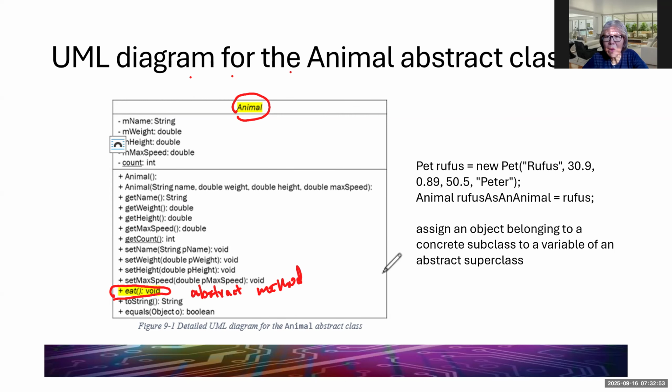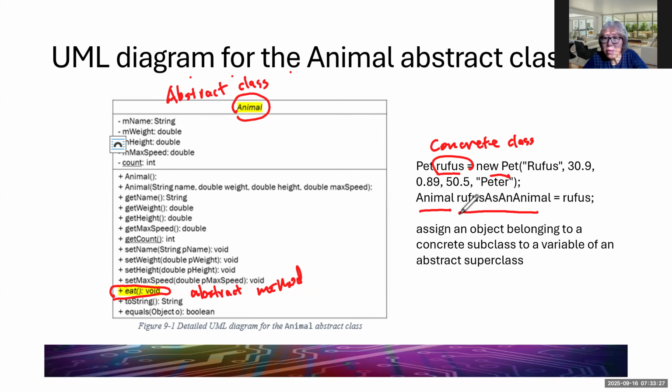So this is going to be an abstract method. And if you take a look over here, this animal class is an abstract class this time. Pet, same thing. So we have refuse, a concrete class, and we have this object, refuse, but over here, we can use animal to define our variable.